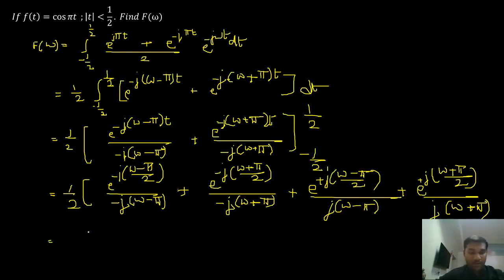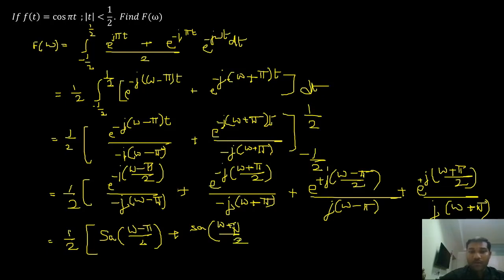If you convert that into sampling form, we will get 1 by 2 sampling of omega minus pi by 2 plus sampling of omega plus pi by 2. So this is my final answer.